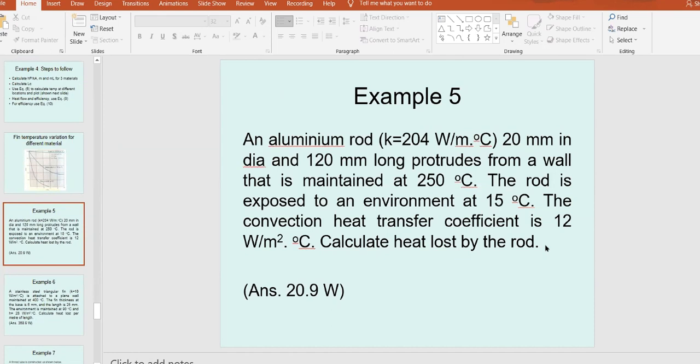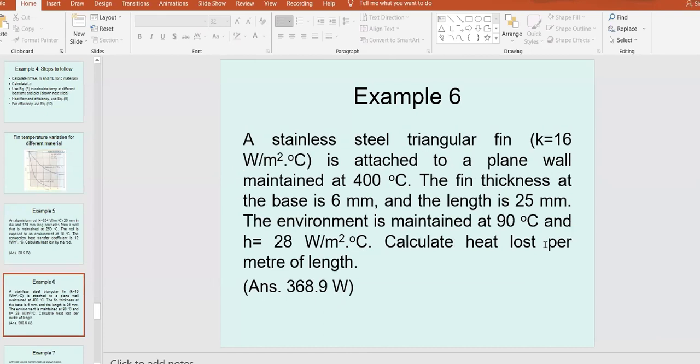And then we solved this, I think, a pin fin, which is again straightforward but slightly different diameter. And the last one we did was about, no, this one was stainless steel. This is a triangular fin.